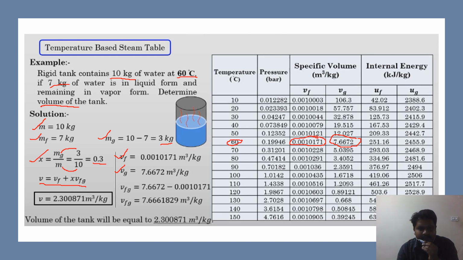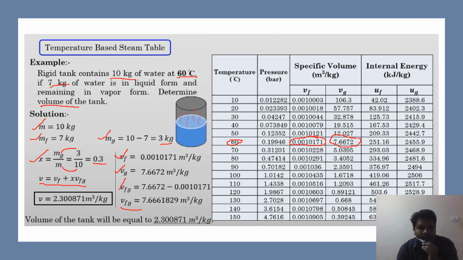Now what is Vfg? Vfg equals Vg minus Vf. So 7.6672 minus 0.001017. So the final value is 7.6661829 meter cube per kg. So the Vfg value is this much meter cube per kg.